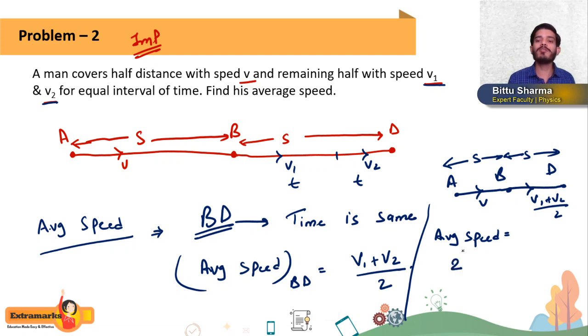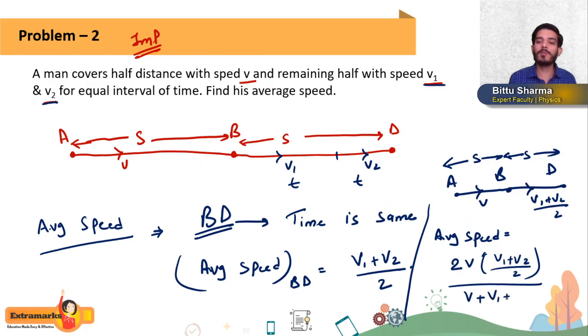So 2 V1 V2: V1 is V, and V2 is (V1 plus V2) divided by 2, all divided by V plus (V1 plus V2) divided by 2. If you solve this, students, you will get our answer. The 2 and 2 will get cancelled.